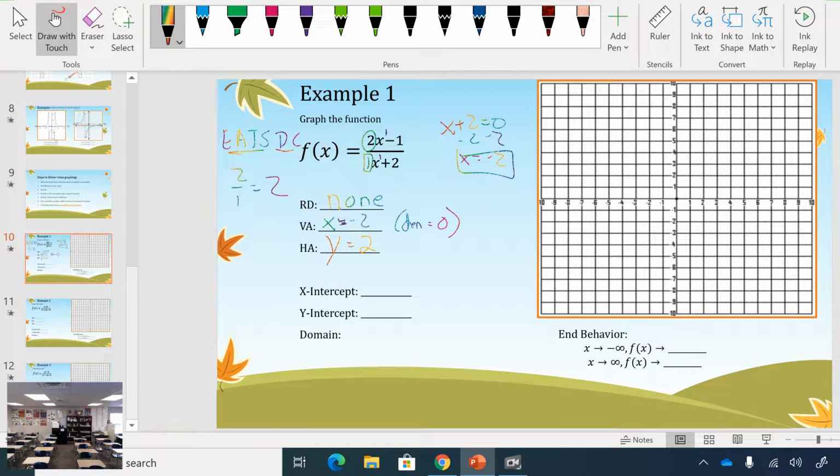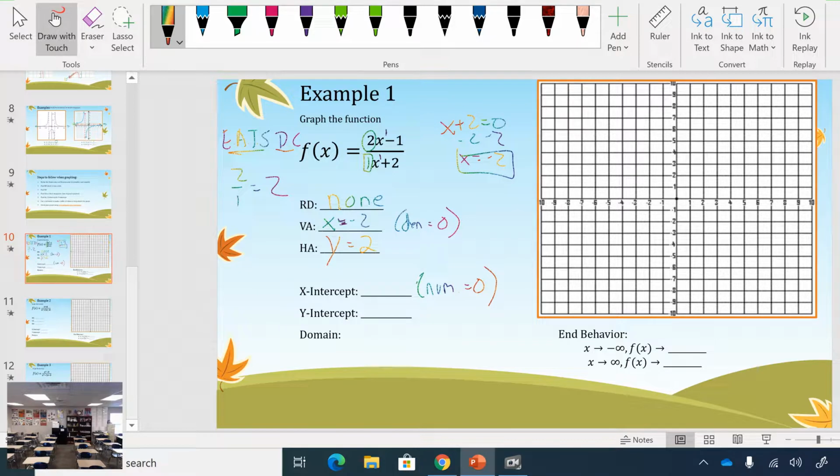All right, then your X-intercepts, you're going to try to identify where those are by whether it crosses the X-axis. And in order to find where it crosses the X-axis and the Y-axis, for the X-intercept, you set the numerator equal to 0.